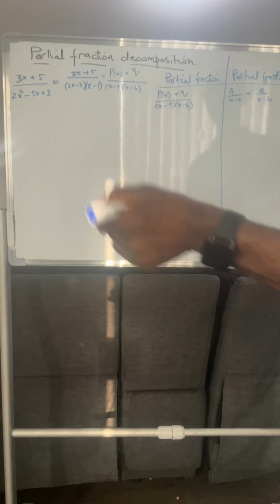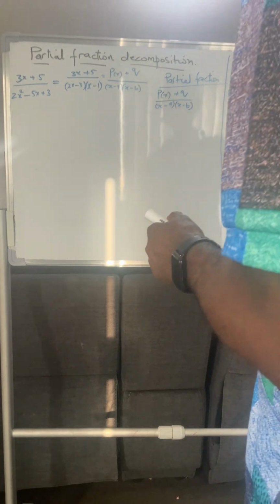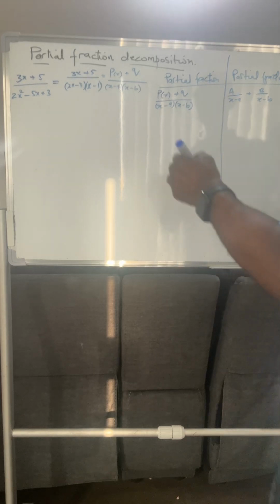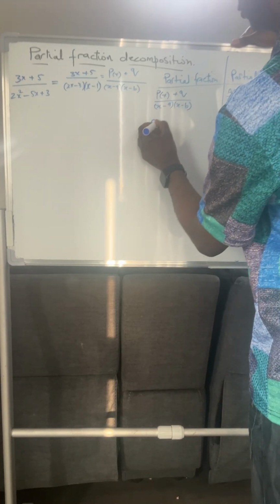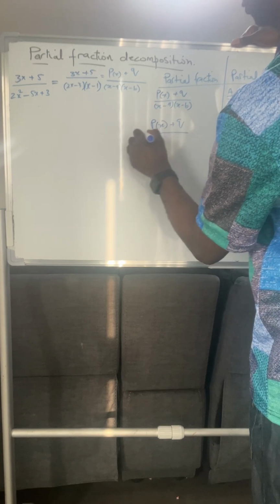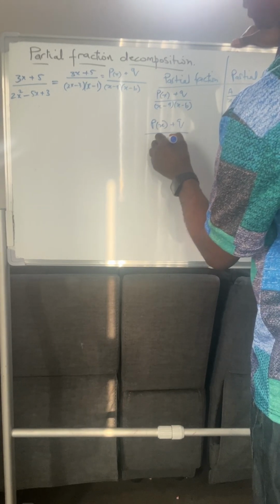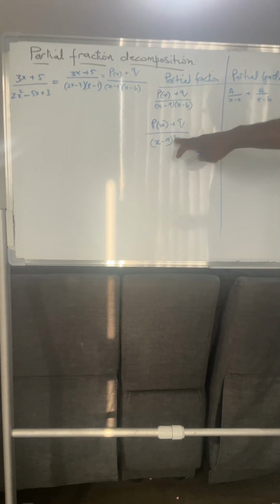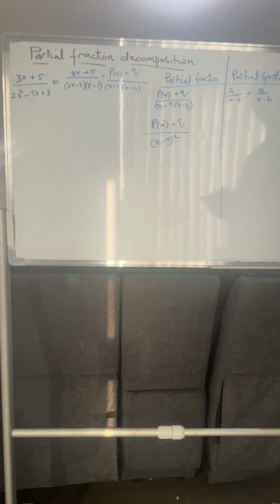But what if you are given a problem like this: px plus q all over x minus a squared. Here you have a square, x minus a. Then how is your partial fraction form going to look?